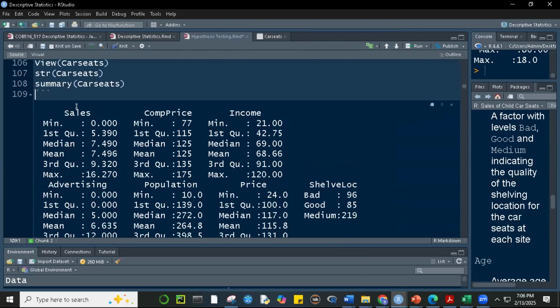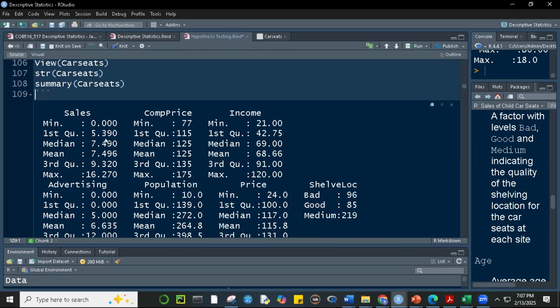We get what is called your 6-number summaries. If the data is quantitative, you have the minimum and the maximum value, the first quartile, the median which is the second quartile, and the third quartile.